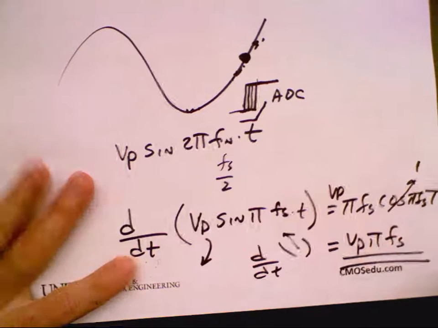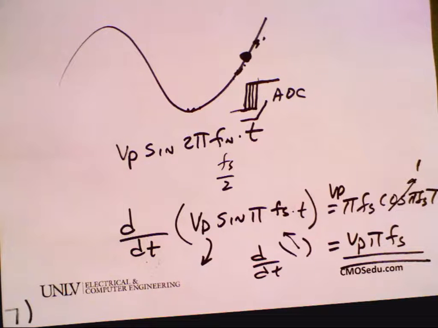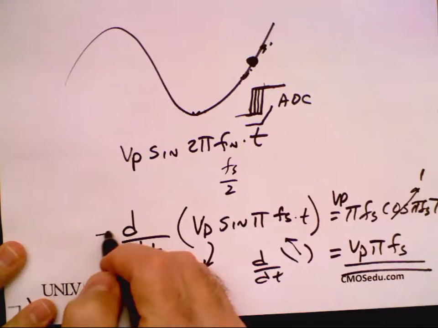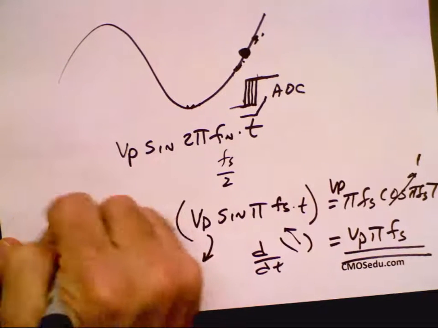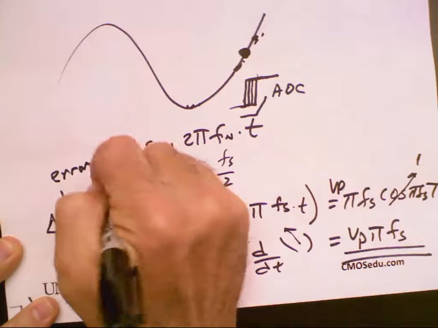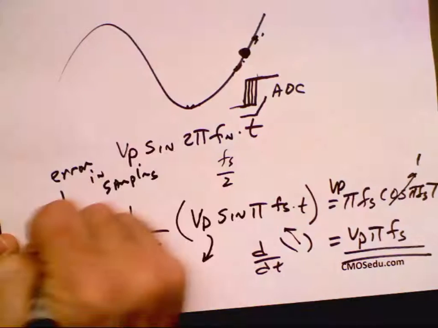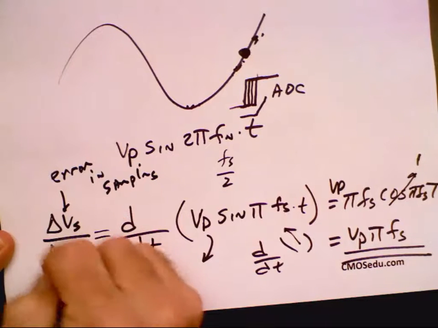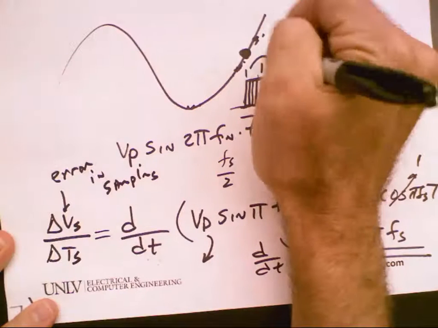All right. So I'm going to approximate this derivative, and ask what's my error in sampling with regard to the clock jitter, which I'll call del Ts.